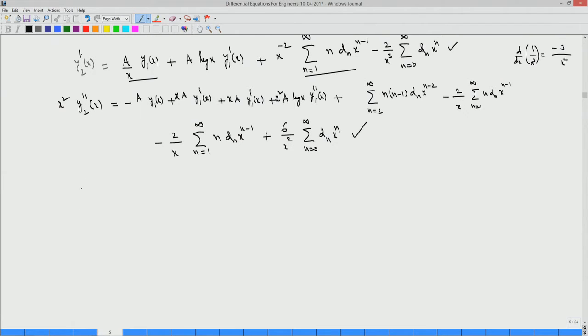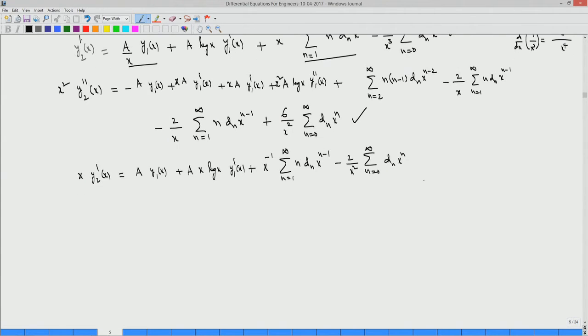You have x y2 dash of x, from y2 dash you can get it as a y1 of x log x y1 dash of x plus x power minus 1 sigma n is from 1 to infinity dn x power n minus 1 minus 2 by x square sigma n is from 0 to infinity dn x power n. And this is my x y2 dash.